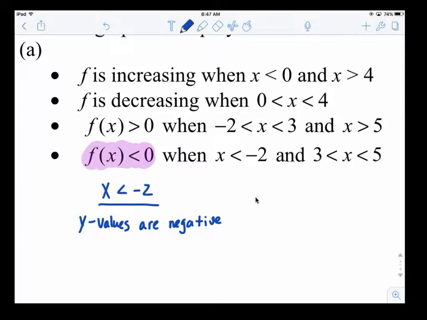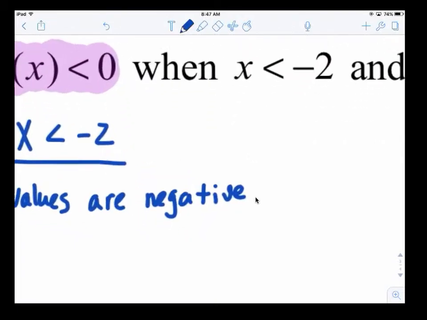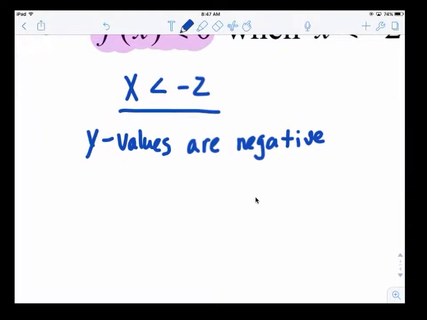Yeah, this is like the location, right? All the x values less than 0, right? So y values need to be negative, and the graph needs to be going up.